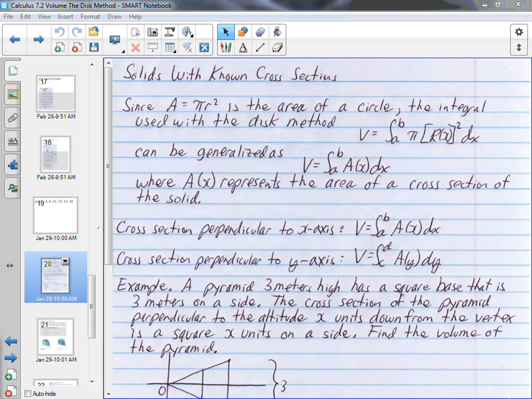With known cross sections, though, instead of always having a disk or a washer, now your cross sections may be squares or triangles or other odd creatures. Okay? Which in theory doesn't make any difference.